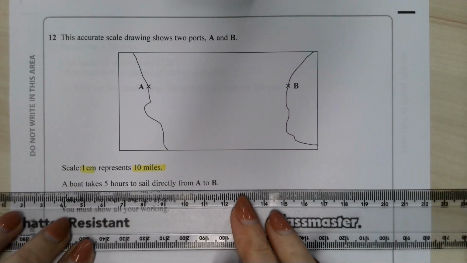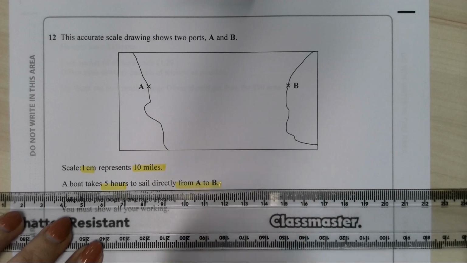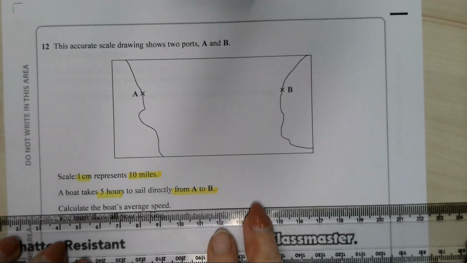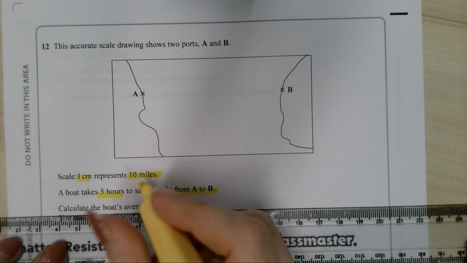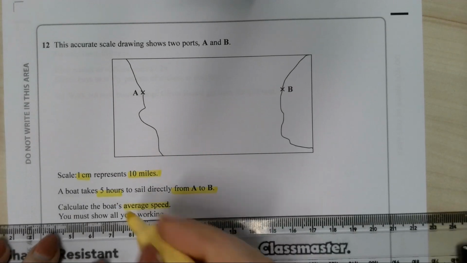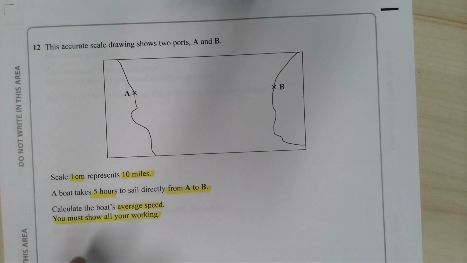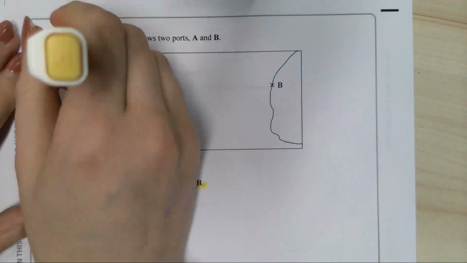A boat takes 5 hours to sail from A to B. Calculate the boat's average speed. You must show all your working. So it says it is an accurate scale drawing.